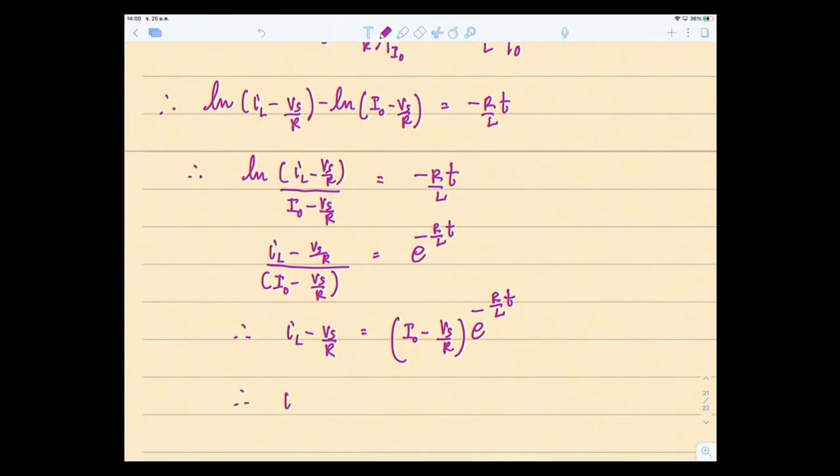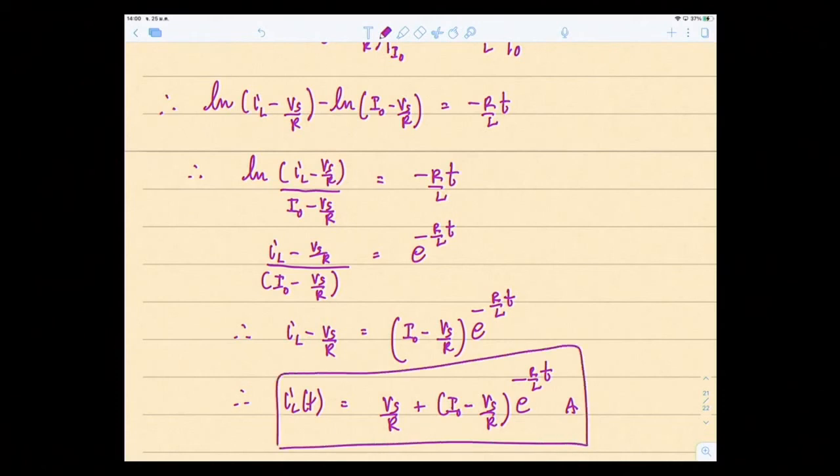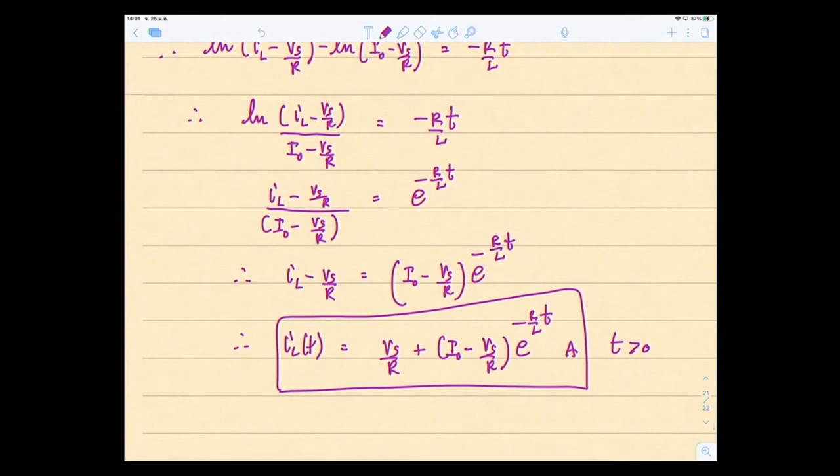And therefore IL of t equals Vs over R plus I naught minus Vs over R times e to the minus R over L t amps. So that's the final answer for t greater than 0.